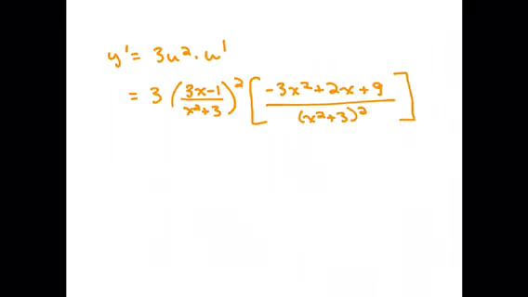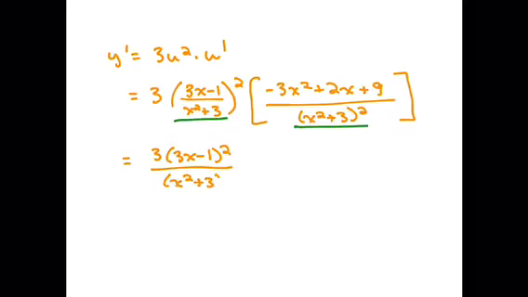And when I look at this, I see that this denominator of this fraction is the same as this denominator. So I'm going to rewrite this as 3 times (3x minus 1) squared over (x squared plus 3) squared, because I can distribute that exponent over division, times my second fraction.